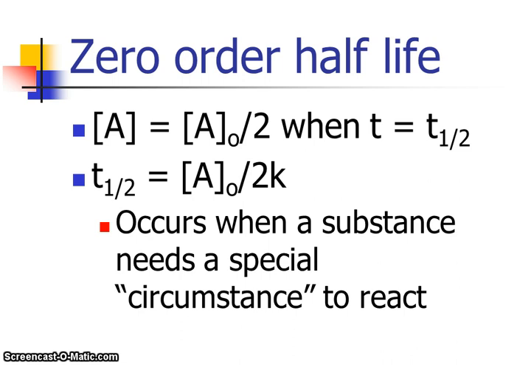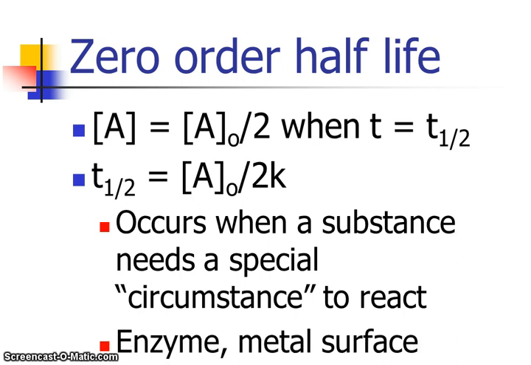Now, these occur when a substance needs something special in order for it to occur. Usually it needs an enzyme or a metal surface in order for the reaction to take place.